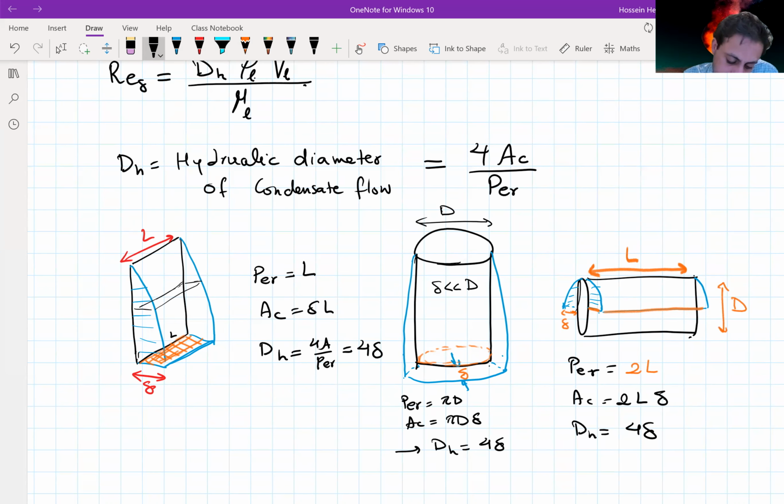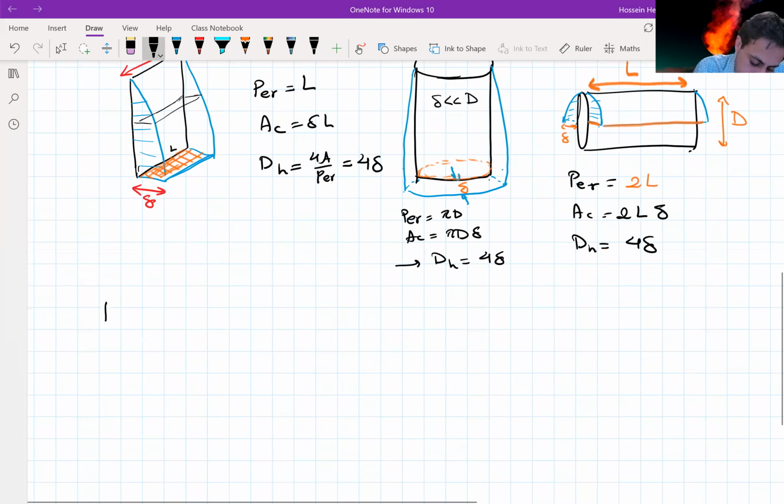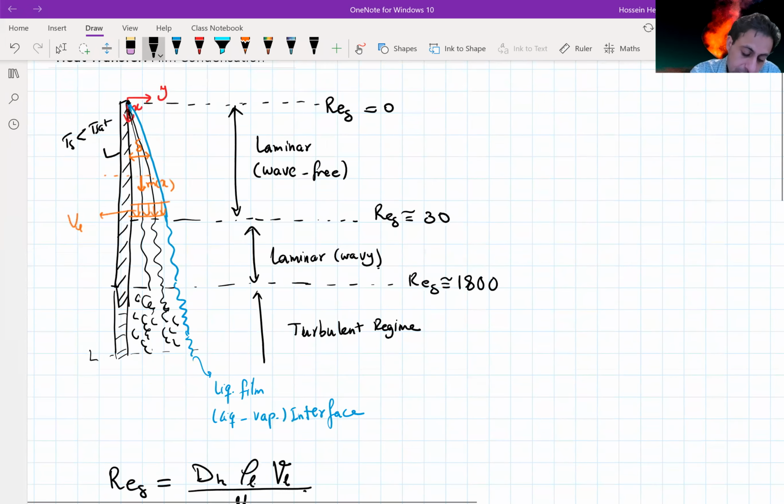So for all of these 3 geometries that we are looking at, the hydraulic diameter is going to be 4 delta. I can replace that one here. So the Reynolds number that we are defining. Remember, we are defining this Reynolds number just to distinguish the flow regime and later on to evaluate the convective heat transfer coefficient.